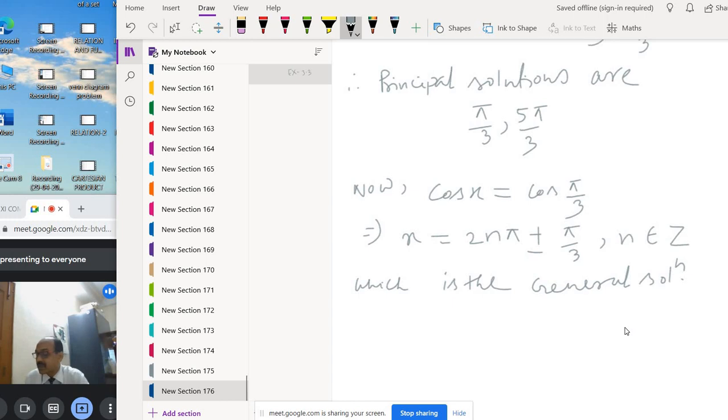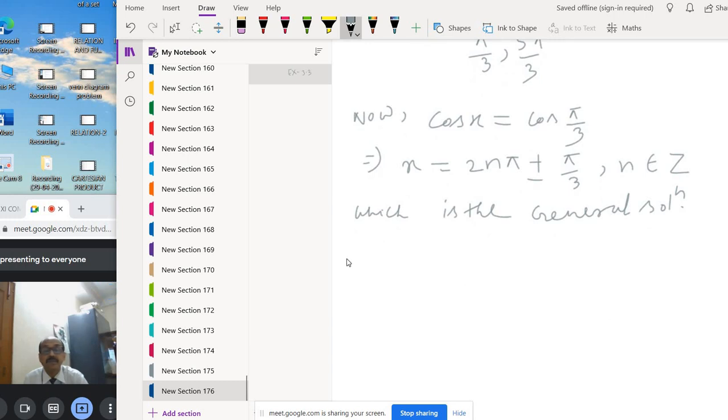Yes, sir. Next question is cot x equal to minus root 3. Okay. So cot x is 1 by tan x, and 1 by tan x is equal to minus root 3.